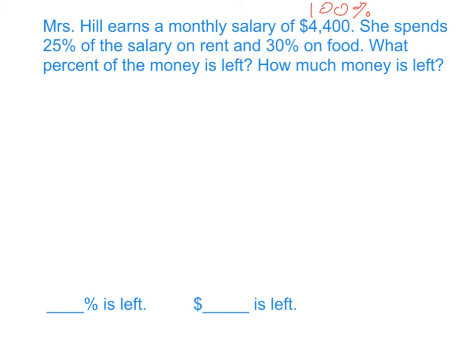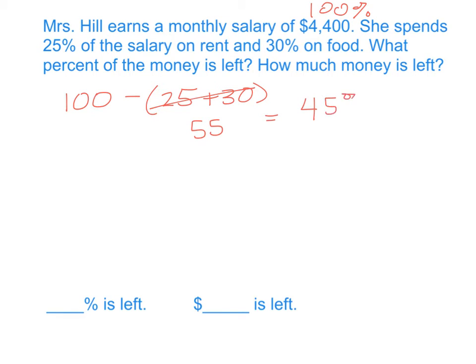So if she has 100% of her money and she spent 25% and 30%, she spent 55%. So 100 minus 55 means 45% is left.